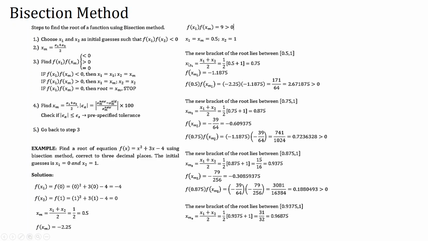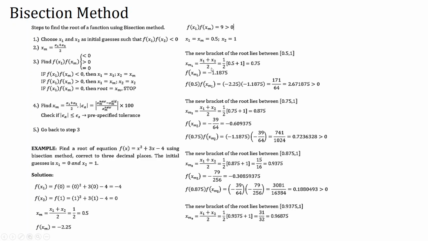So we have to get the new midpoint, which I have subscripted here as xm1. So x1 plus x2 over 2, meaning our new x1 is 0.5 and x2 is constant 1. So 0.5 plus 1 over 2, 1.5 over 2, that is 0.75.